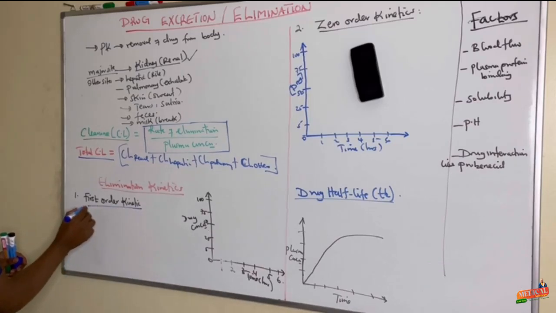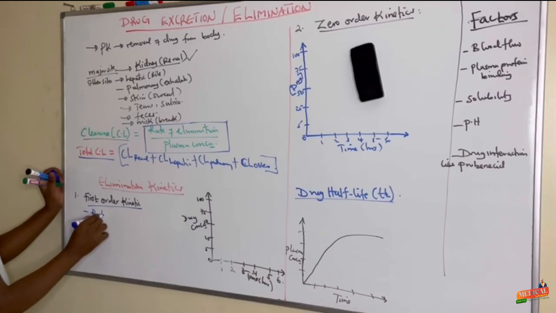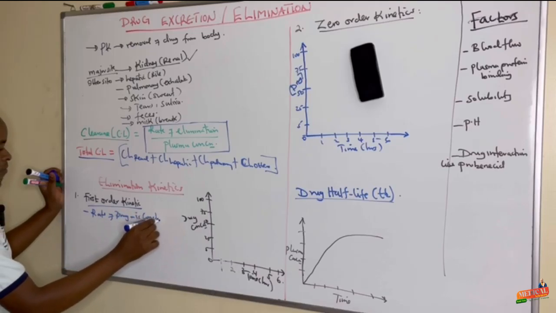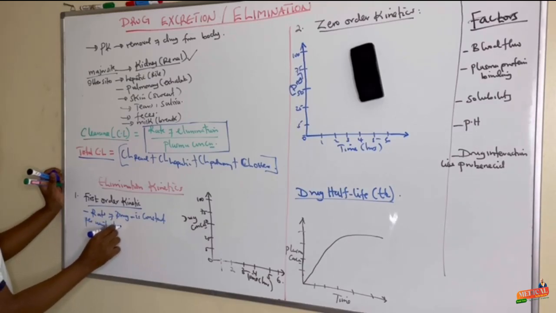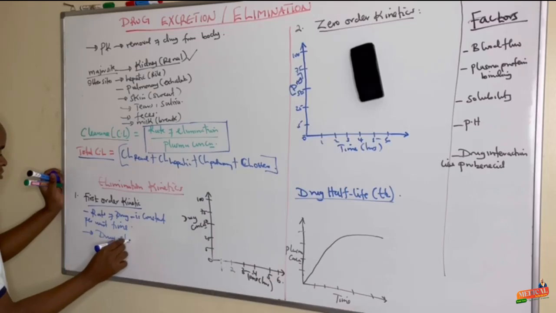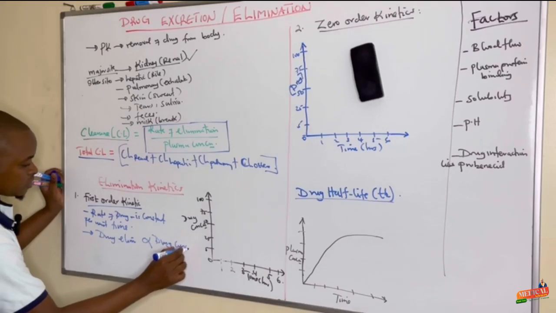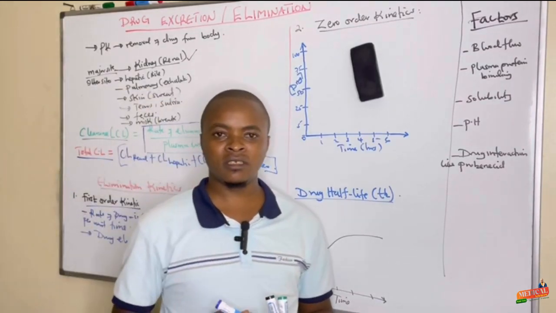Under first order kinetics, we are going to see that the rate of drug elimination is constant per unit time, but this drug elimination is directly proportional to drug concentration. Meaning, the higher the concentration of the drug, the higher the rate of elimination.